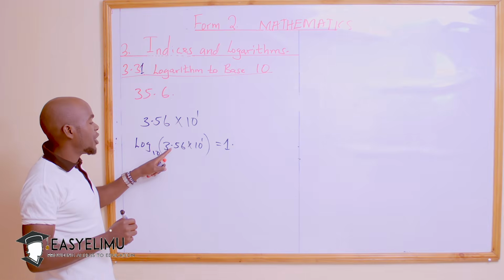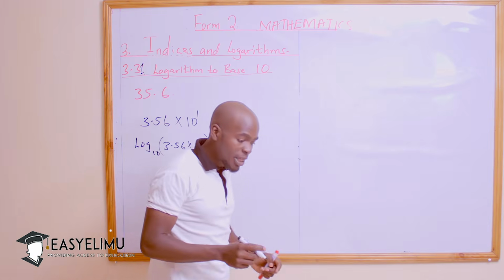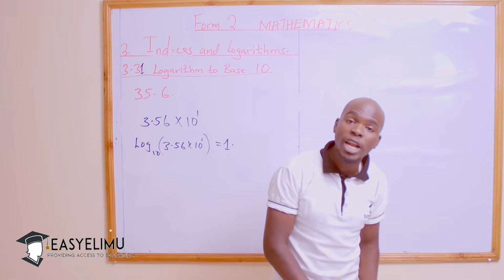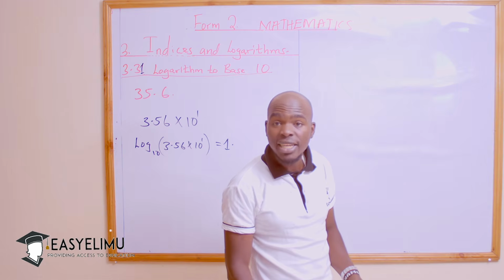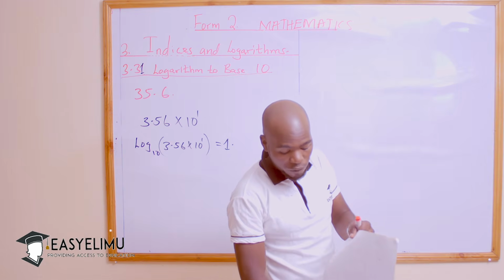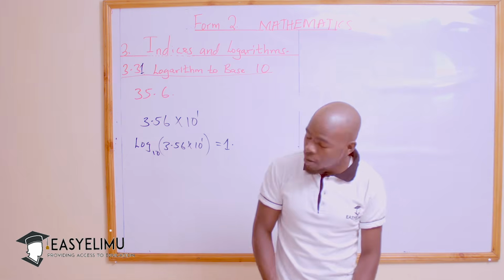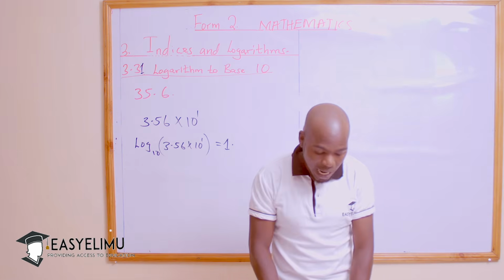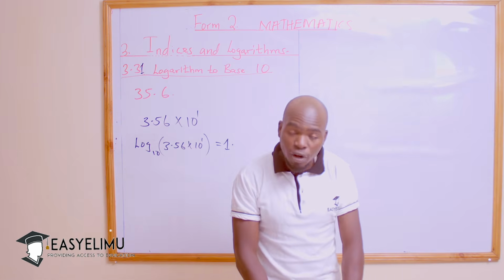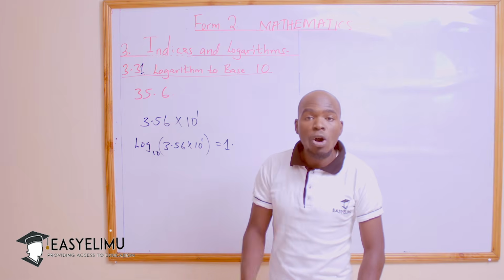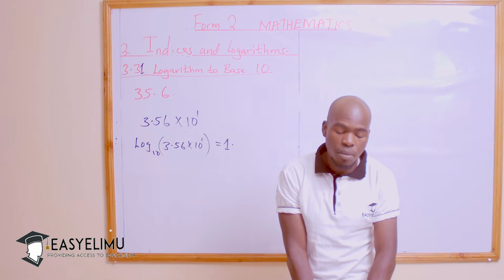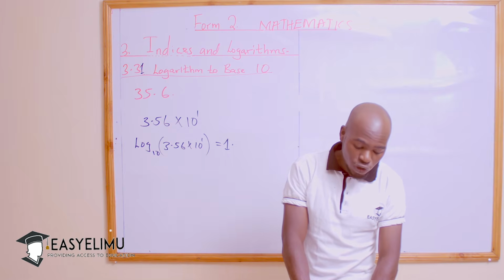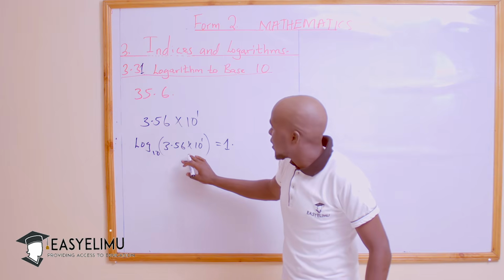And the logarithm of 3.56, using the mathematical table, you will have to go to the logarithm table, as initially I have shown you how to find. Locate 3.5 under the column of x. After locating 3.5, go on the second section of the table where it runs from 0 to 9. Locate 6.